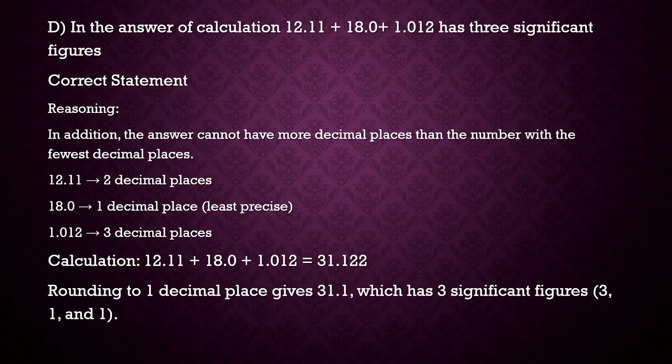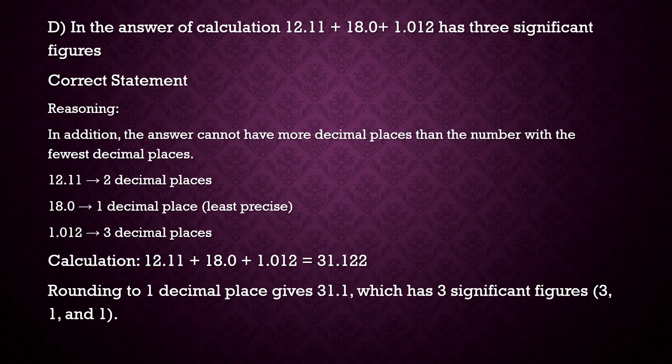So which has the least decimal places? 12.11 has two decimal places, 18.0 has only one decimal place, and 1.012 has three decimal places. So we have to consider the least precise. 18.0 is the least precise, not in terms of the number itself but in decimals. After the decimal, how many digits we have is what matters here.